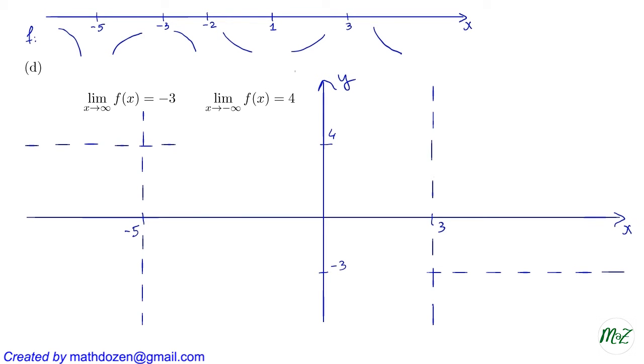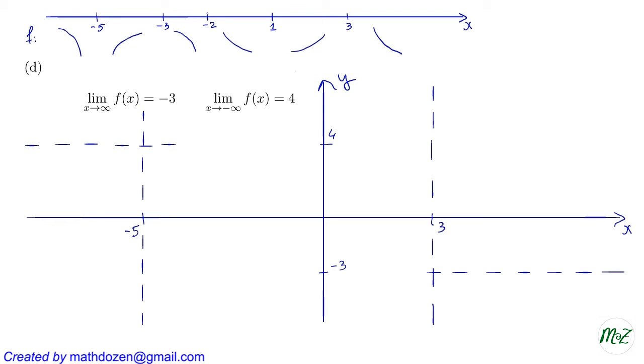Then we're told that the limit of the function as x approaches infinity is -3, so this is a horizontal asymptote at y equals -3. And as x approaches negative infinity, the limit of the function should be +4, and that's the horizontal asymptote for the left side of the graph.